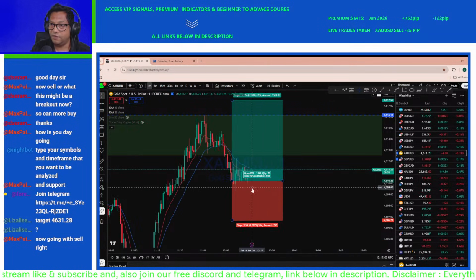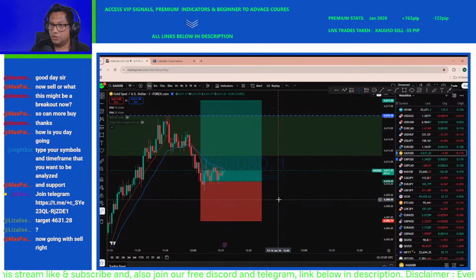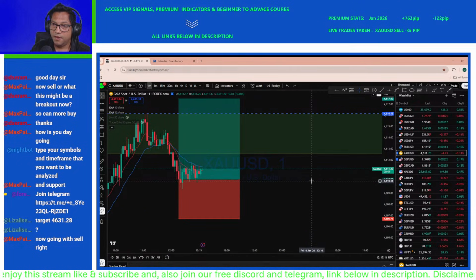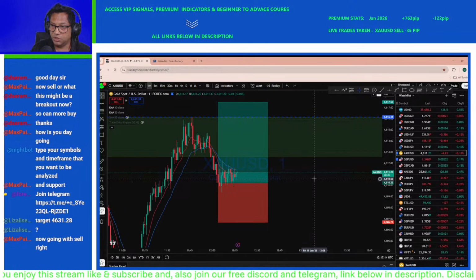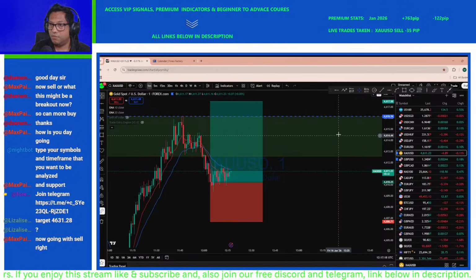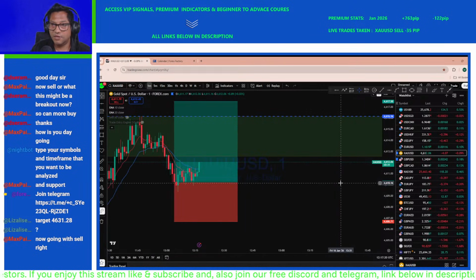This kind of structure should eventually break to the upside. You can see it's creating a series of higher lows, and we take the trade in that direction because it's getting that upside here.